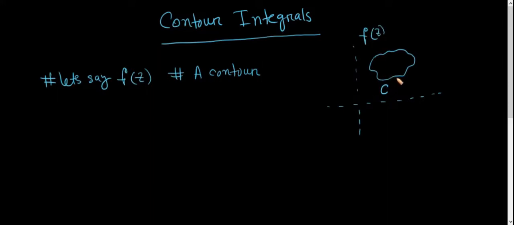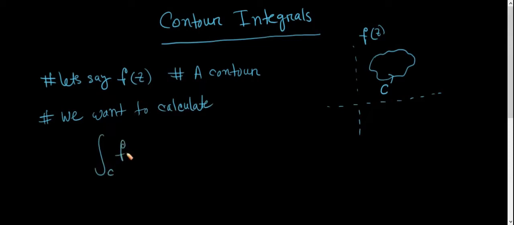Now what you want to do is evaluate the following quantity, and this quantity will be known as the contour integral. So let's say we want to evaluate or calculate an integral that looks like this, that is, you have f of z dz.